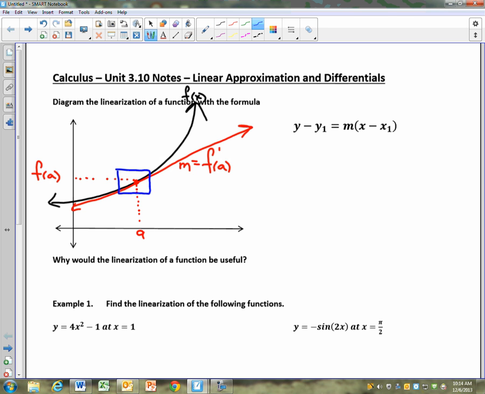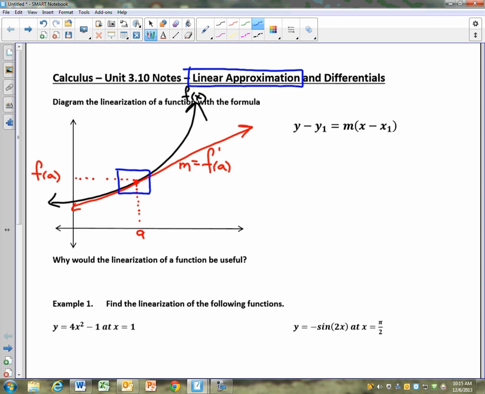As a matter of fact, can you see where the term linear approximation now comes from? The linear approximation is the linear representation of the function. It is very similar to the function. Is this line an underestimate of the function or an overestimate of the function? Underestimate. It's always below the function, but it's very close.